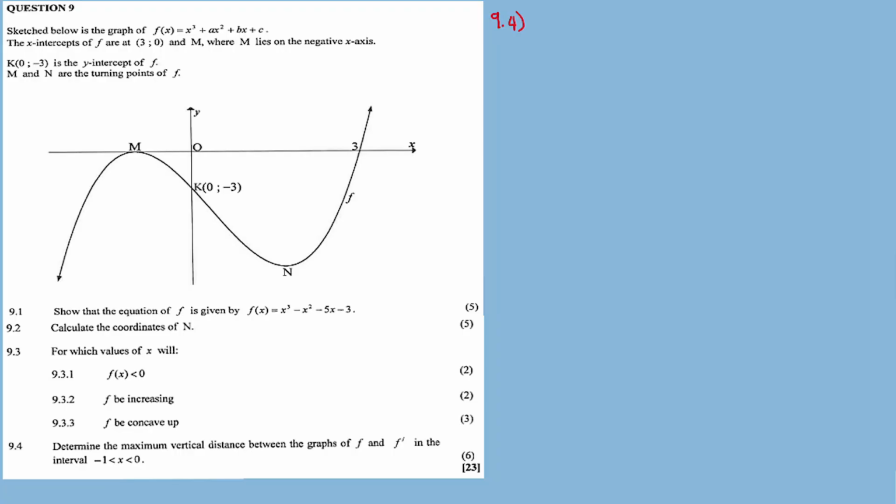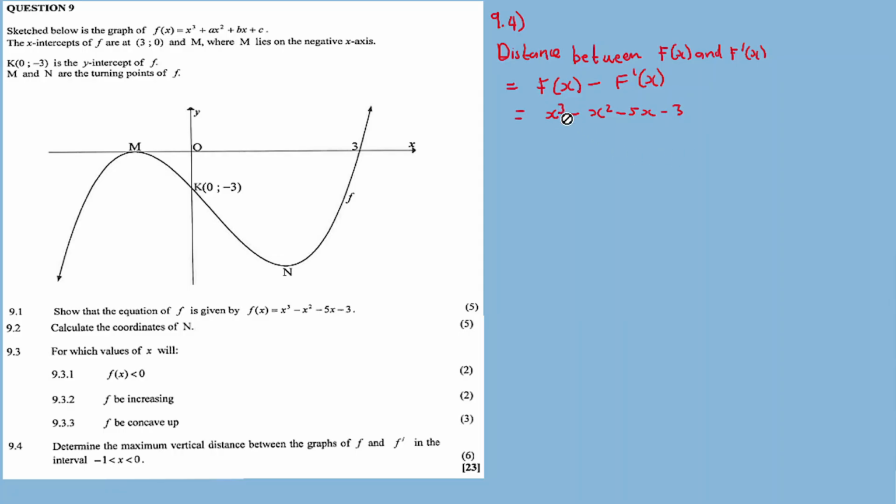We want the maximum vertical distance between the graphs of f and f prime in the interval between -1 and 0. Now, the vertical distance between f and f prime, we calculate by subtracting f of x and f prime of x.